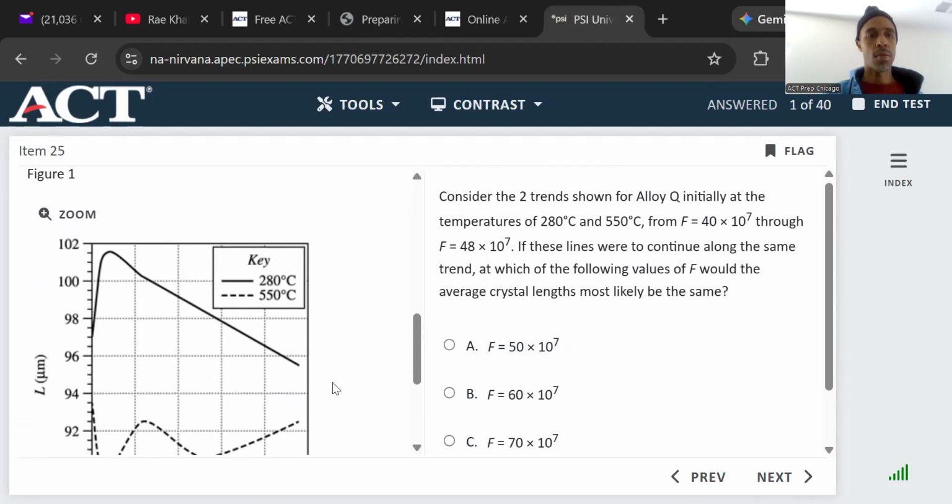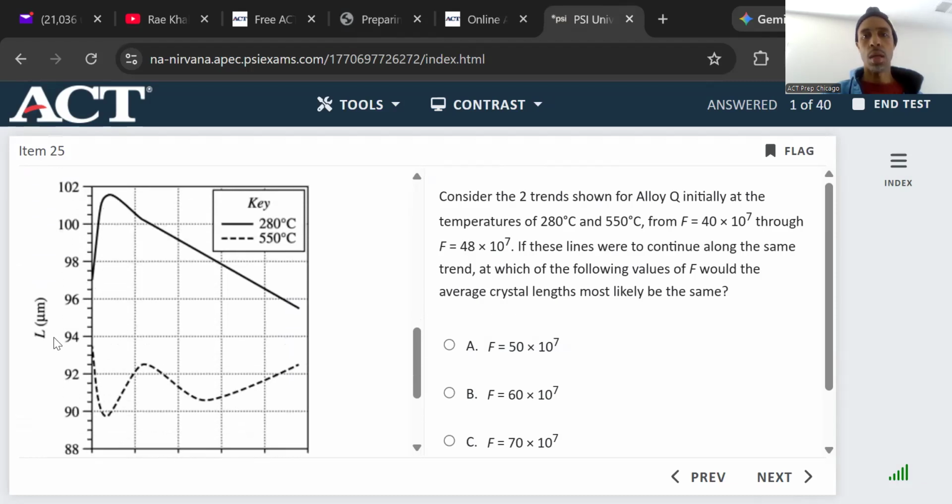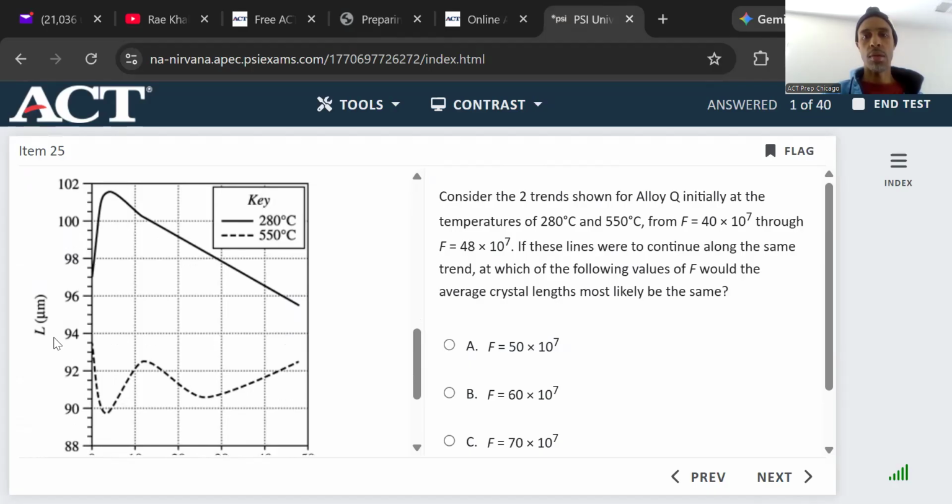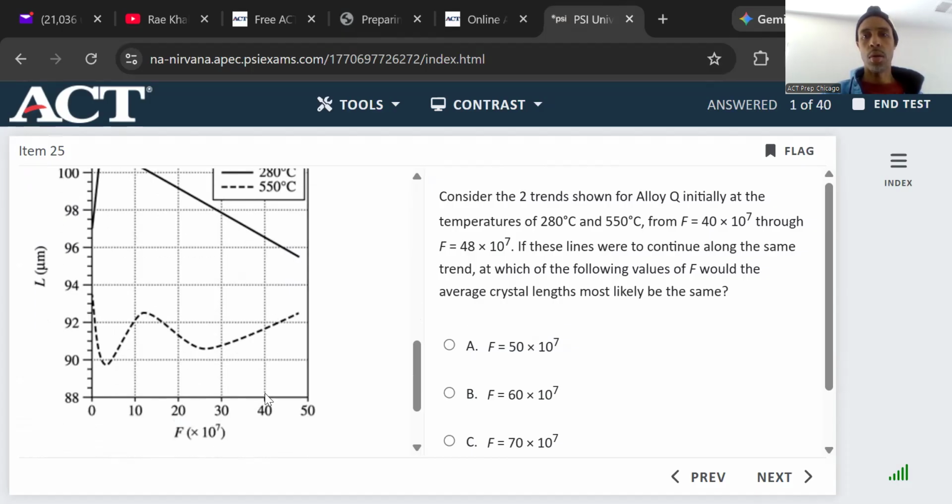Okay, so we're talking about this one. The L must be the average crystal length. I figured we're talking about this one because they said two temperatures, 280 and 550. If these trends continue from 40 here to 48, that's where they stopped. Yeah, they both stopped about 48.